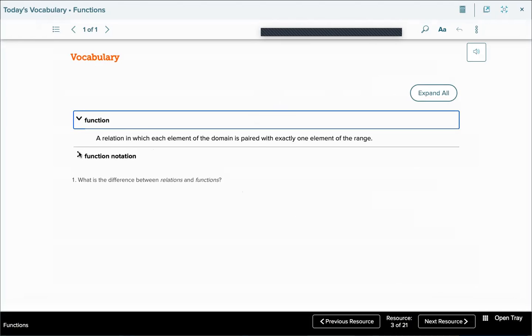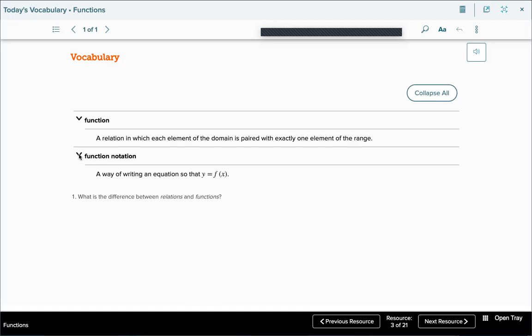We talked about domain and range last time. Function notation is a way of writing an equation so that it just looks like this: y equals f of x. And we say that as f of x, not f times x. That f just represents a function, and we just named it f. So it's f of x, a function, okay?